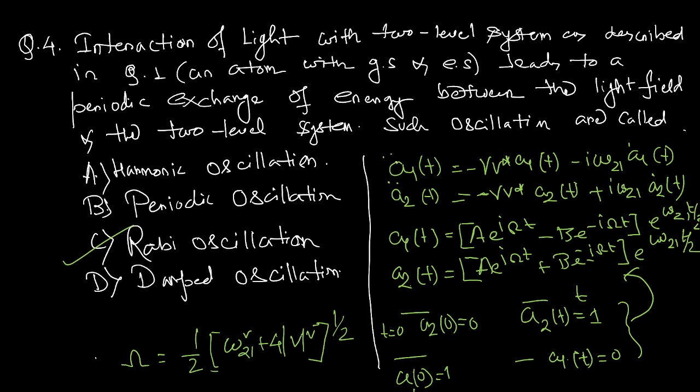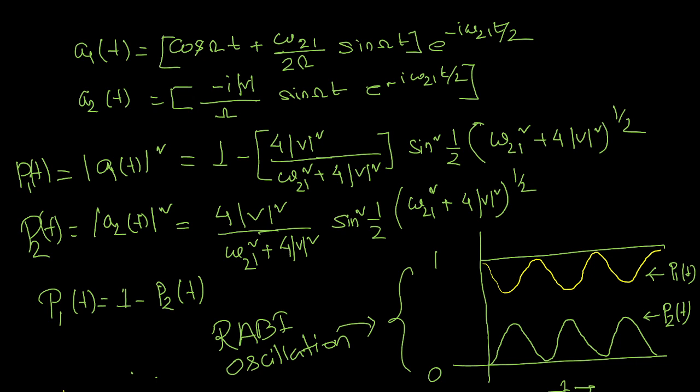That is the basic and foremost criterion for getting this kind of oscillation. So if two functions are out of phase, it is possible to see Rabi oscillation between them.